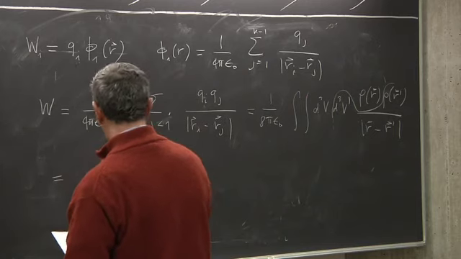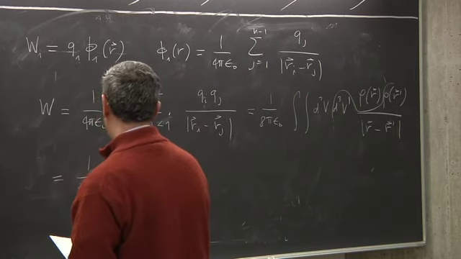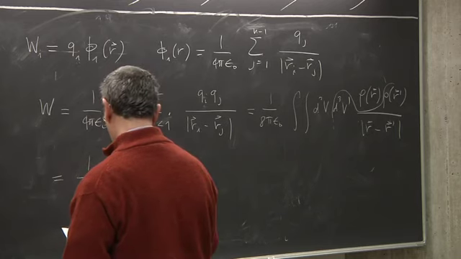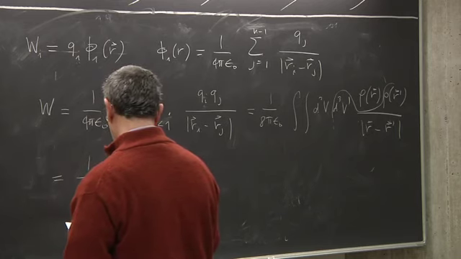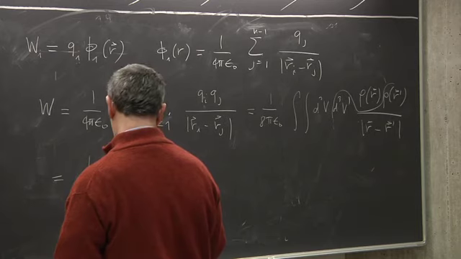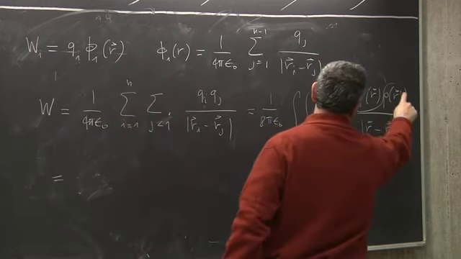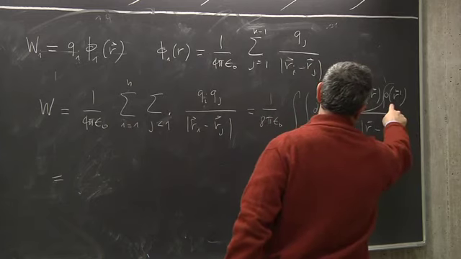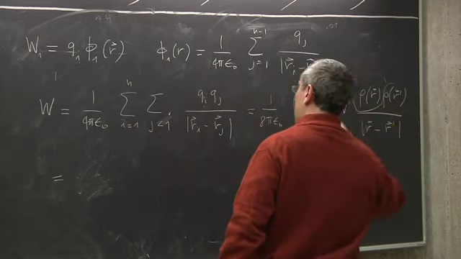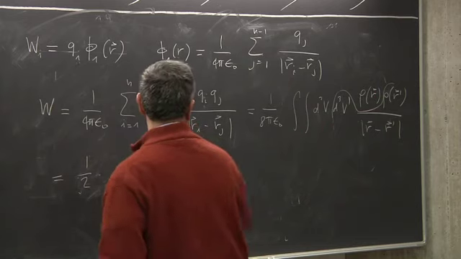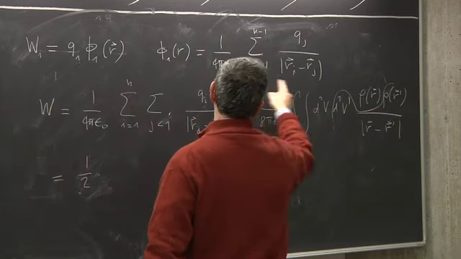Well, let's do the intermediate step. Is 1 over 8 pi epsilon naught what? Yeah. So this, you see, is just the potential due to this charge distribution in the point r. So I can write, I mean, 1 over 4 pi epsilon is the potential.